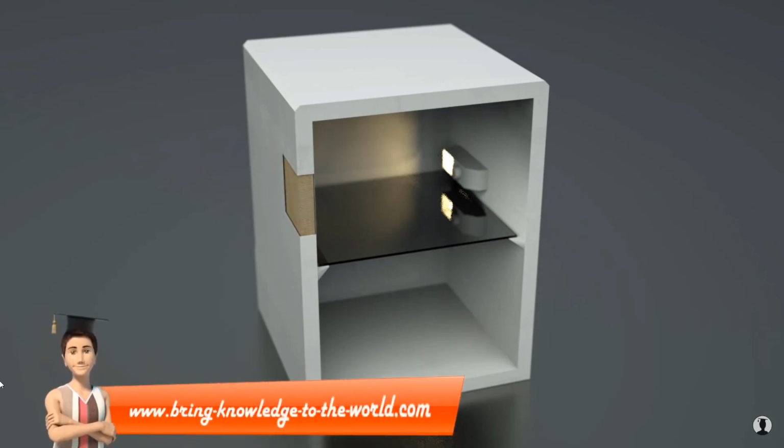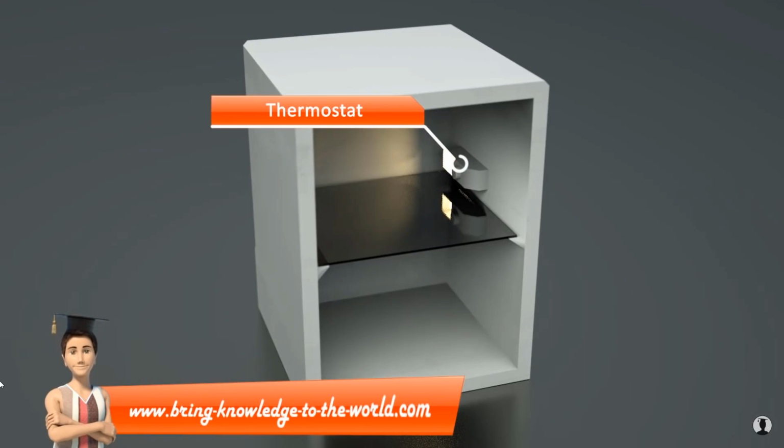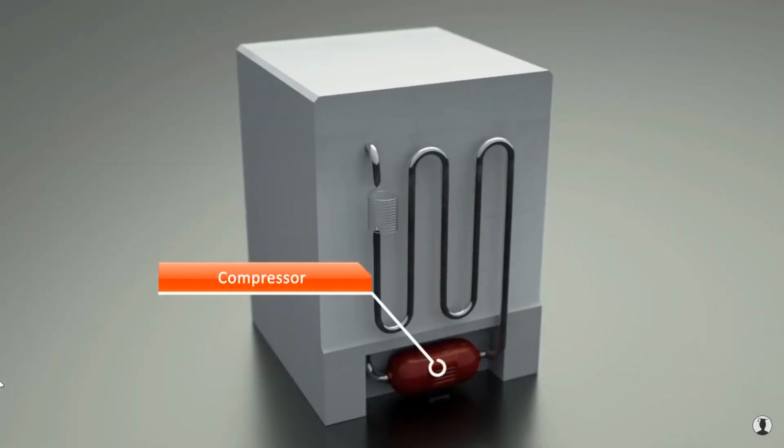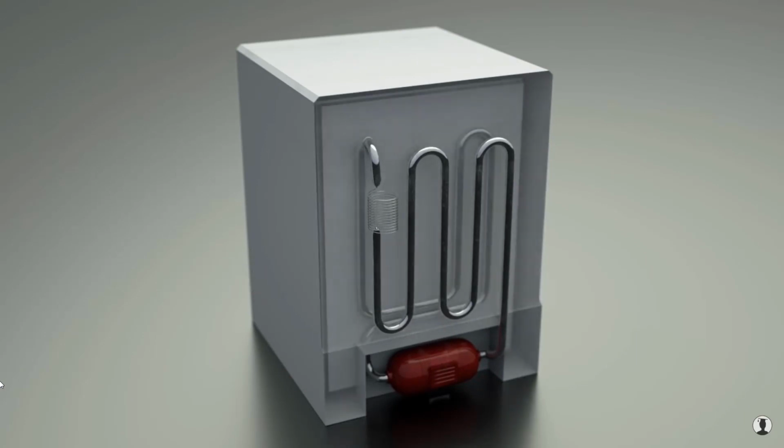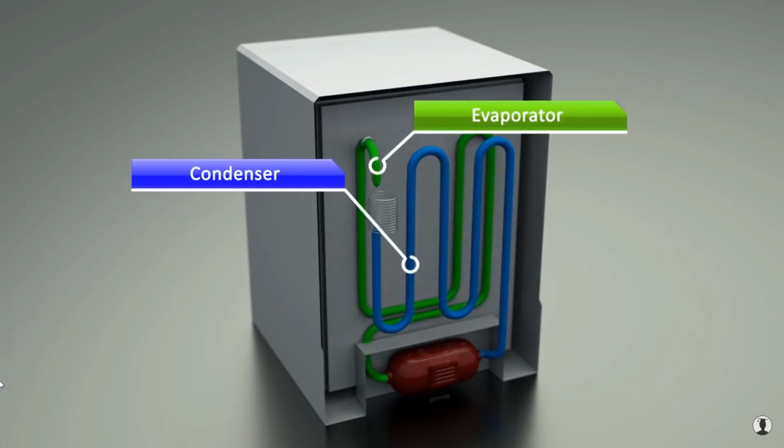A thermostat measures the temperature in the fridge. It is linked to the compressor by a cable. Tubes with a refrigerant in them are connected to the compressor. The tubes are grouped into the evaporator unit and the condenser unit.